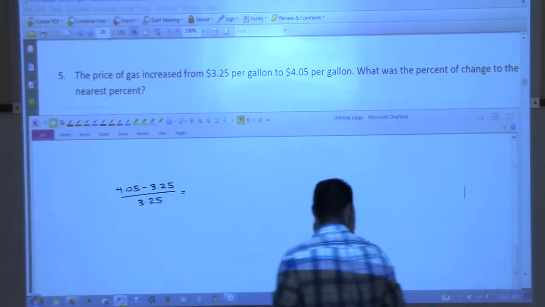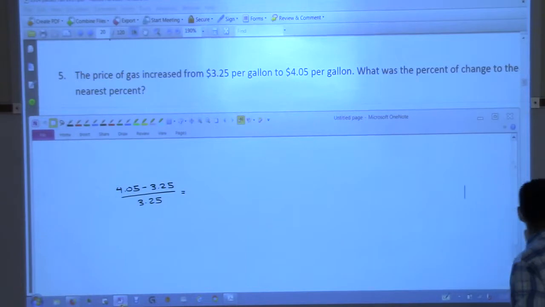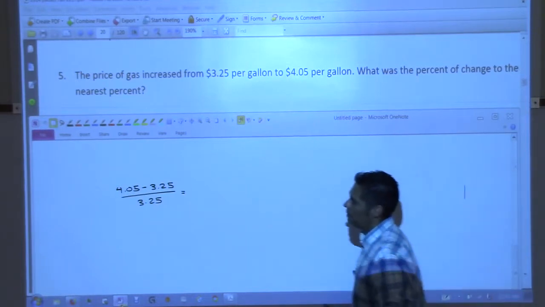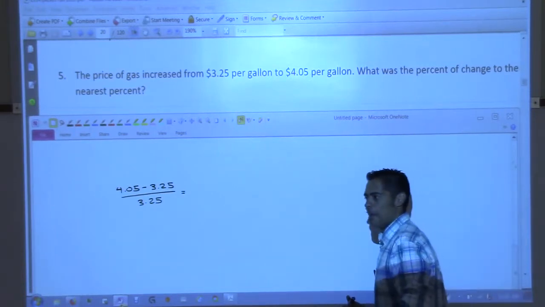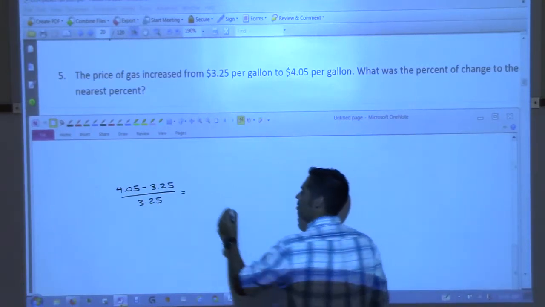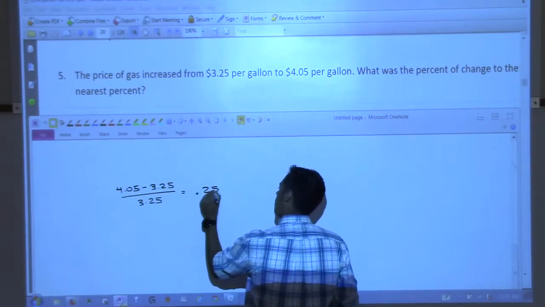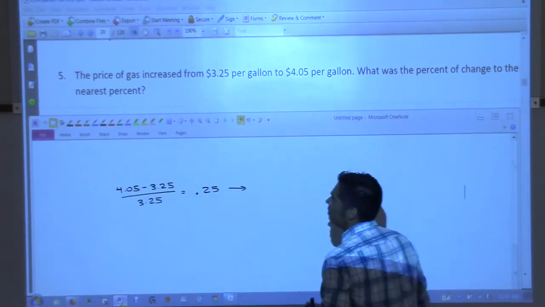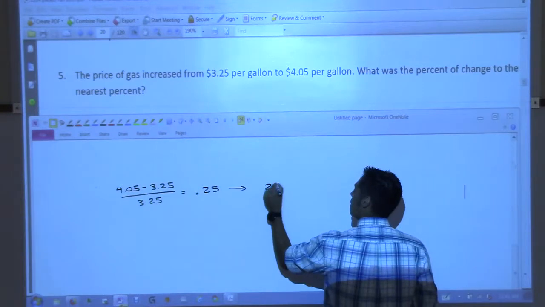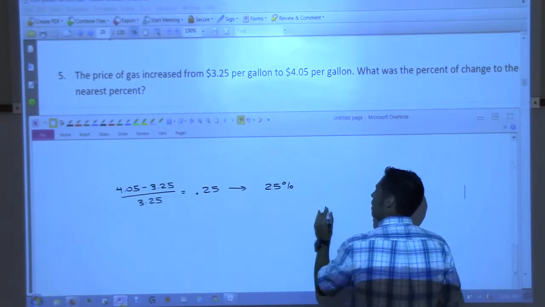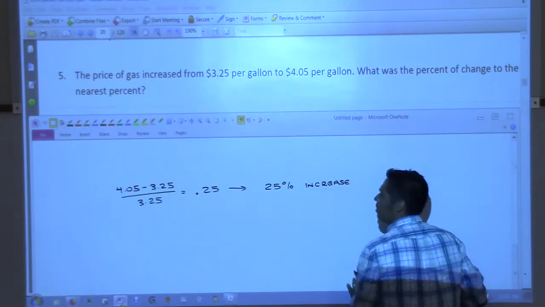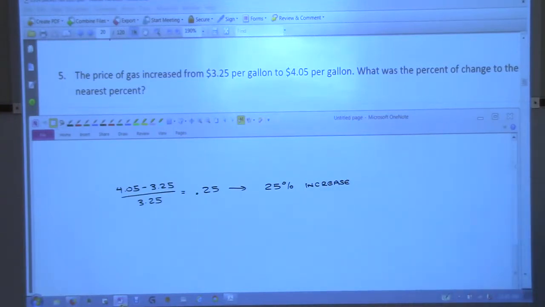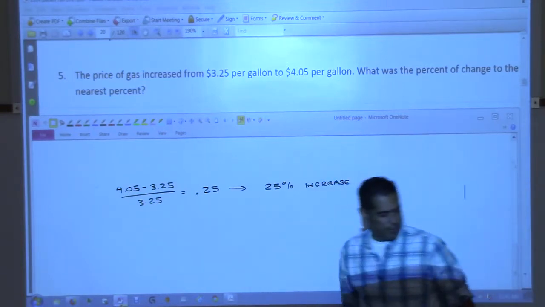And you have? Or you can tell me. What do you got? 0.25? Which really translates to what? 25% increase because it's positive. A 25% increase in price. All right. We good?